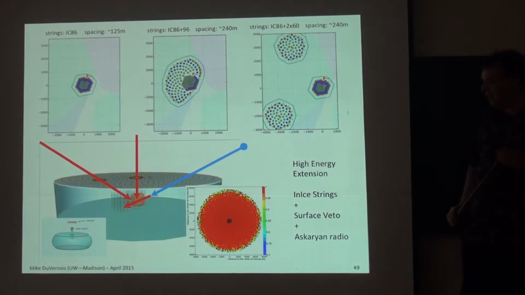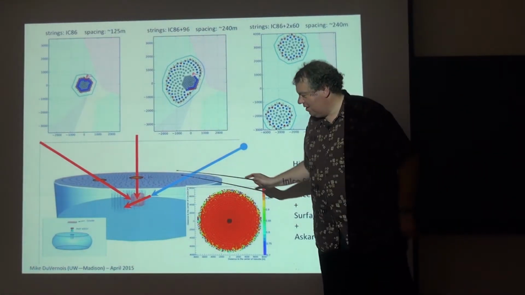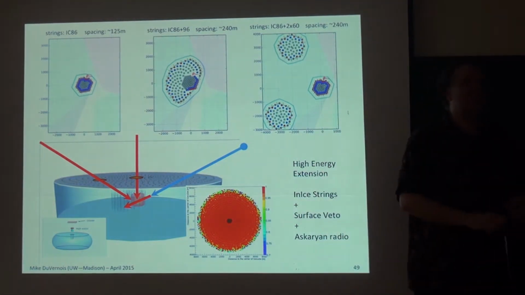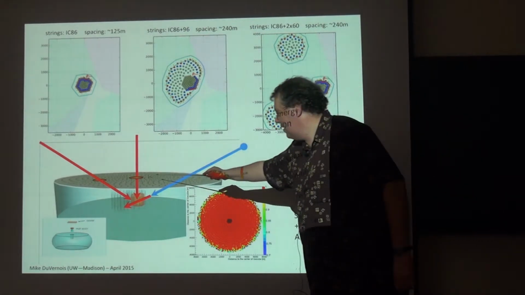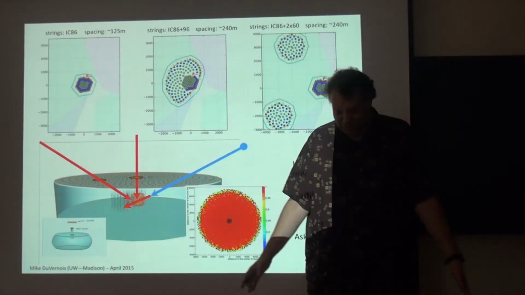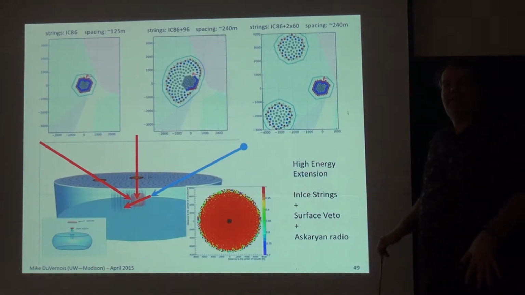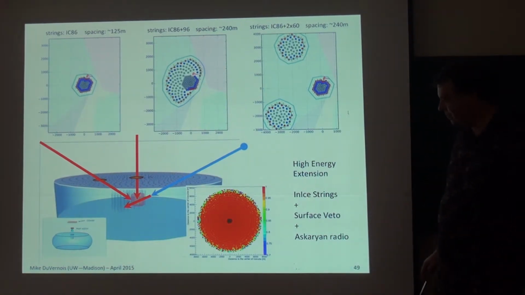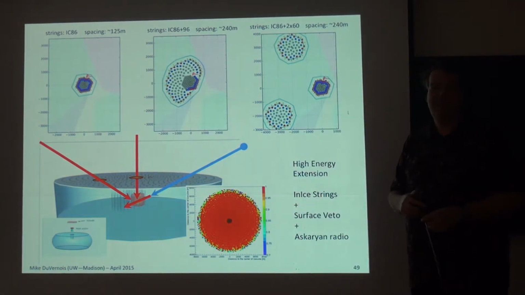The other corresponding part of a Generation 2 experiment is a surface veto. They would probably also want to try doing cosmic ray physics with it. At the moment, the IceTop array is just 1 square kilometer sitting directly above the in-ice part of IceCube, so it really only acts as a veto for nearly vertical events.